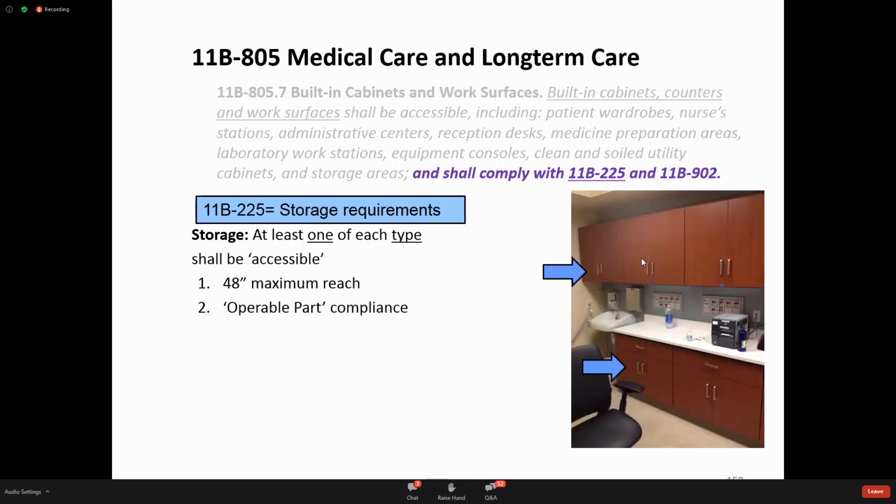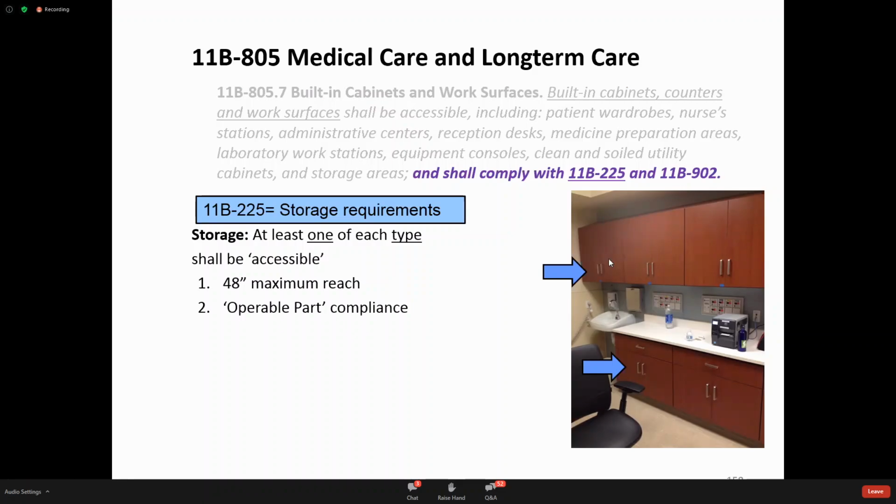So as we go back to this photo that shows upper and lower cabinets, what this code section requires is at least one of each type shall be accessible. So if you design a room that has upper cabinets only, then we've got to ask, that is a type of storage.